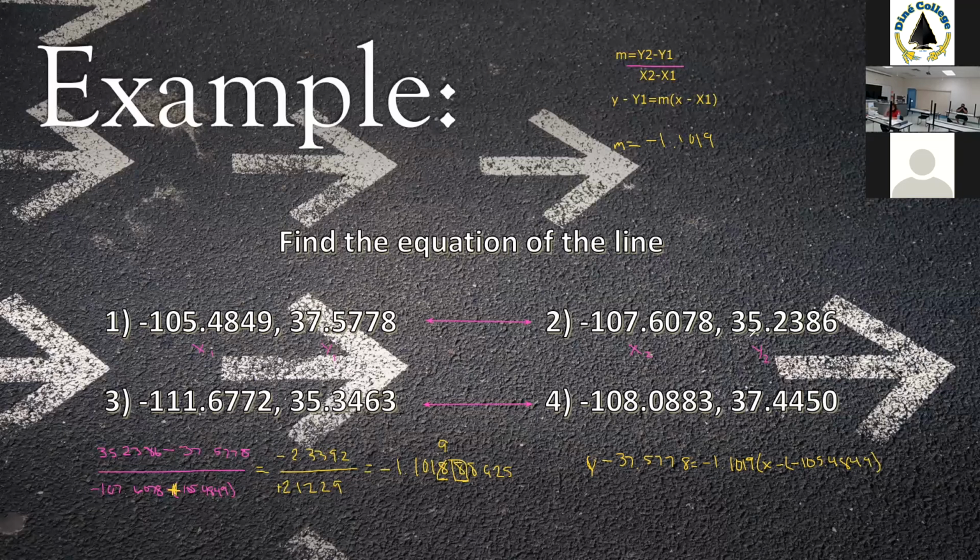So the first thing we're going to do is we're going to distribute this slope to each one of these. Well, technically there's two things you can do.